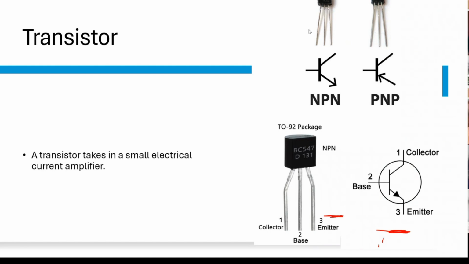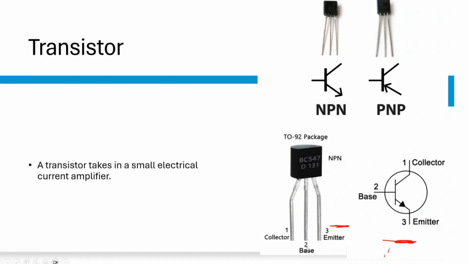This transistor has 3 pins, called collector, base and emitter. Pin number 1 is the collector, 2 is the base, 3 is the emitter. In the symbol, the emitter holds a small arrow. Whenever you see this arrow, understand that it is the emitter pin. This is the emitter for a PNP transistor. What you have is an NPN transistor.